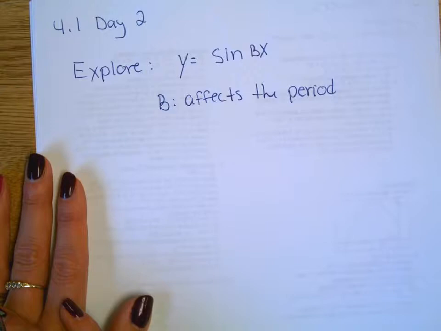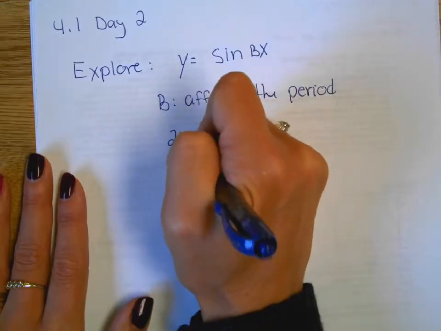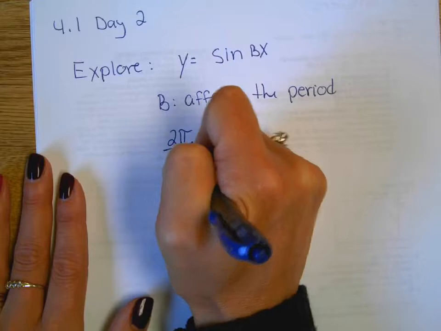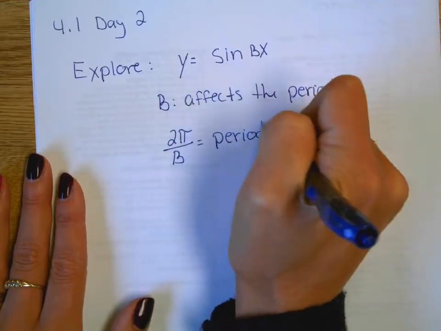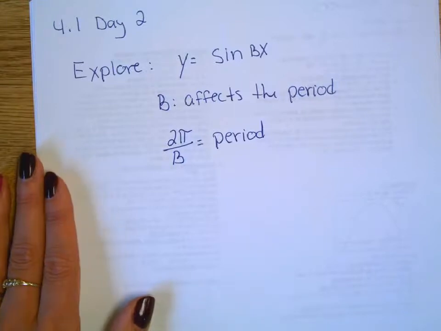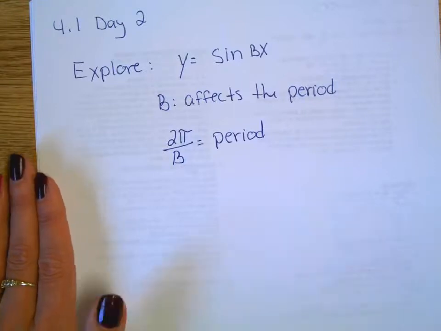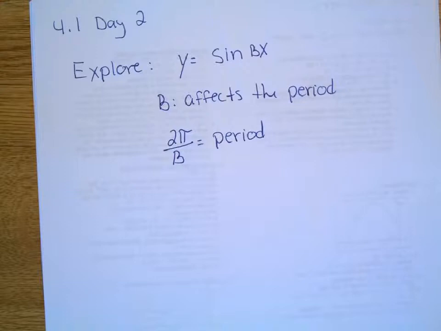And the way it affects the period, there's a little formula: 2 pi divided by the B equals the period. 2 pi divided by the B value will equal the period, how many radians it takes to finish itself.